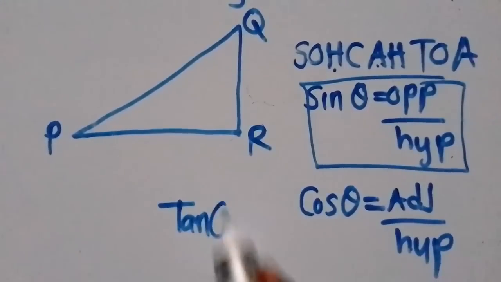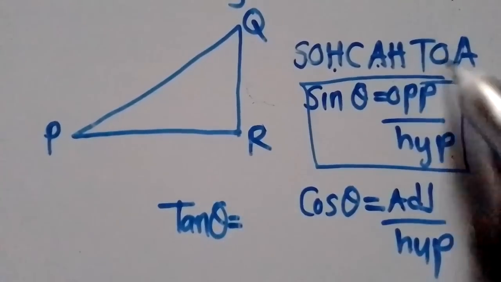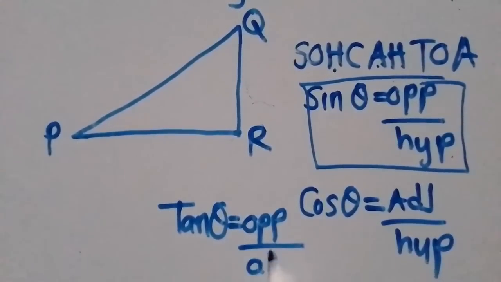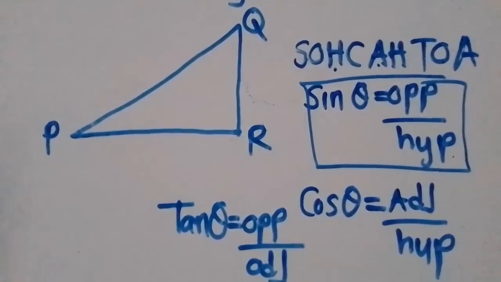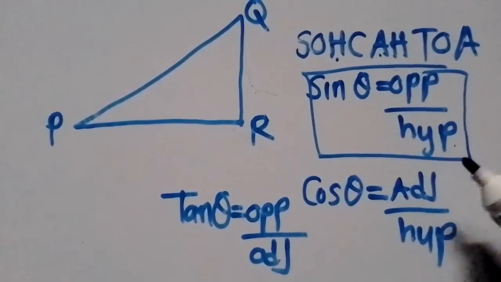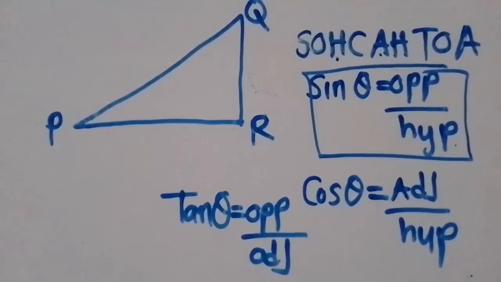Tan theta is equal to opposite over adjacent. These are the terms that you need to know and understand. This is how you need to work them out and simplify them.